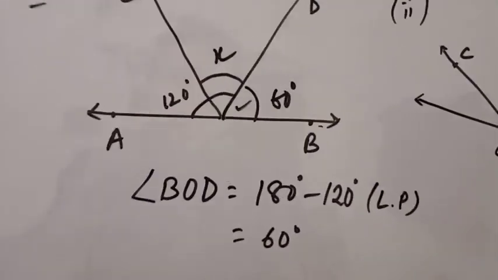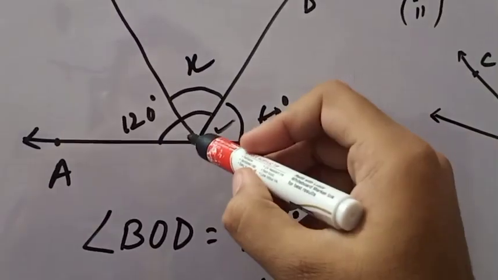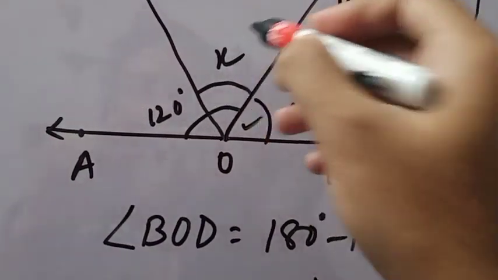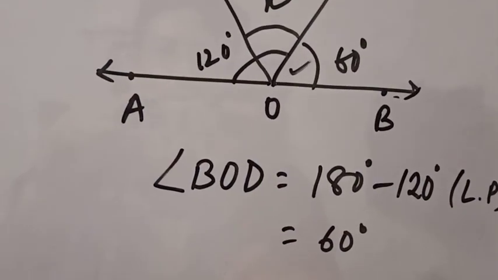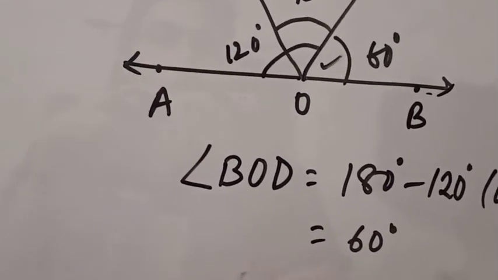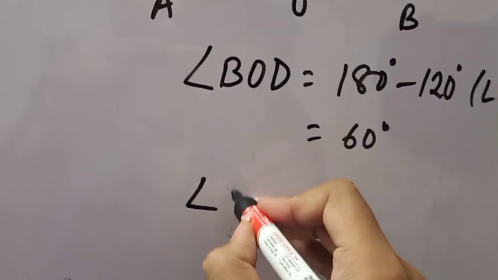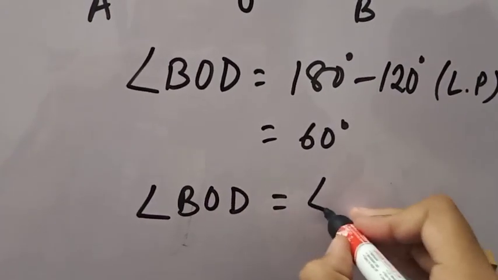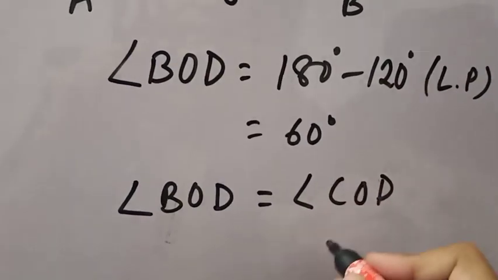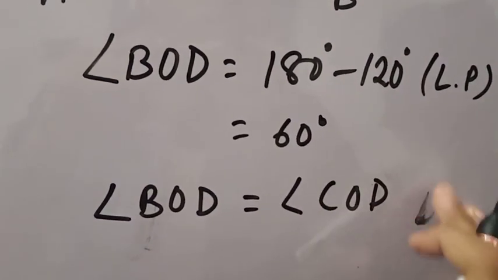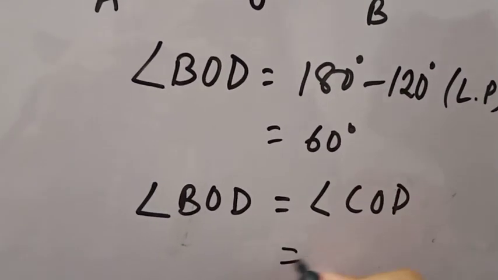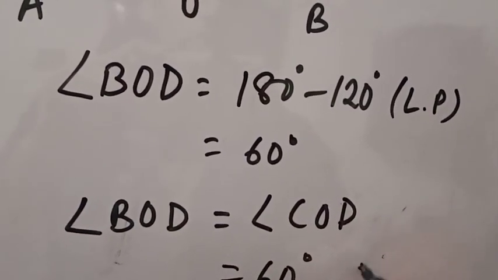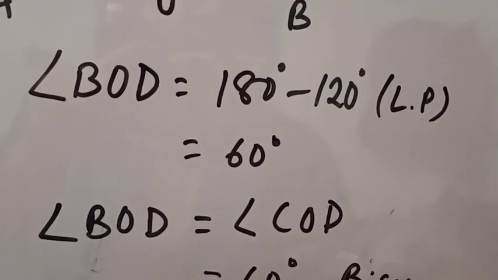Now if this equals 60 degree and OD is bisecting, this also equals 60 degree. So BOD equals COD, that means 60 degree. Bisecting angle.